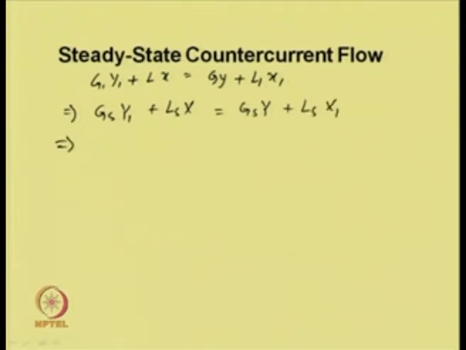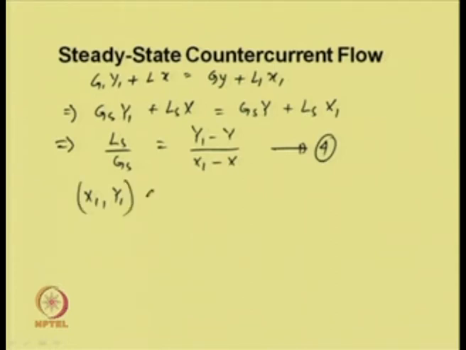From this we can write Ls by Gs is Y1 minus Y divided by X1 minus X. So, this is also an equation of a straight line passing through the points X1, Y1 and X, capital Y with a slope Ls by Gs.